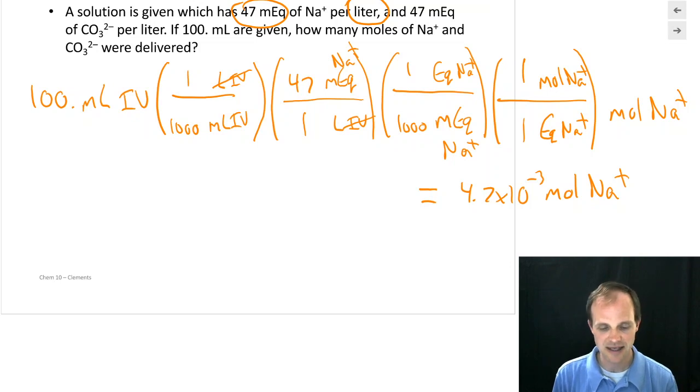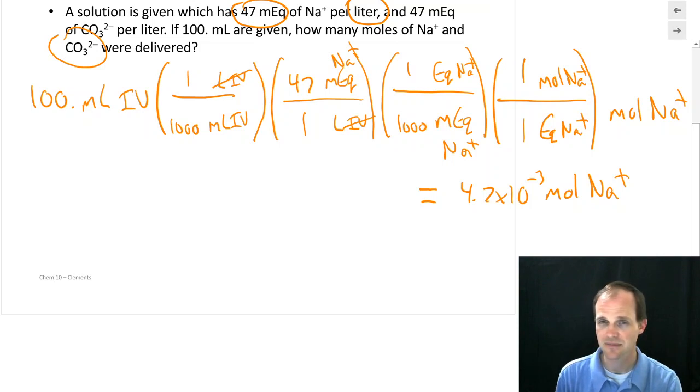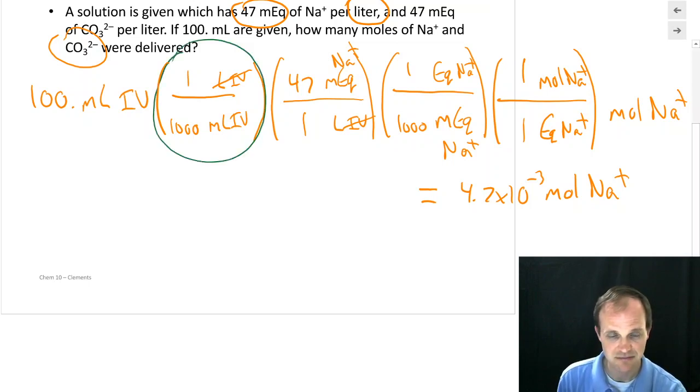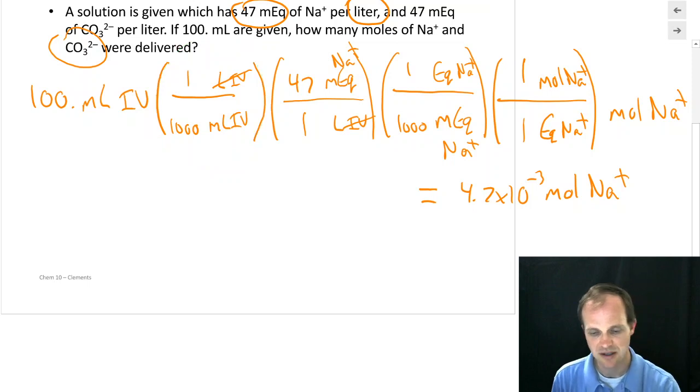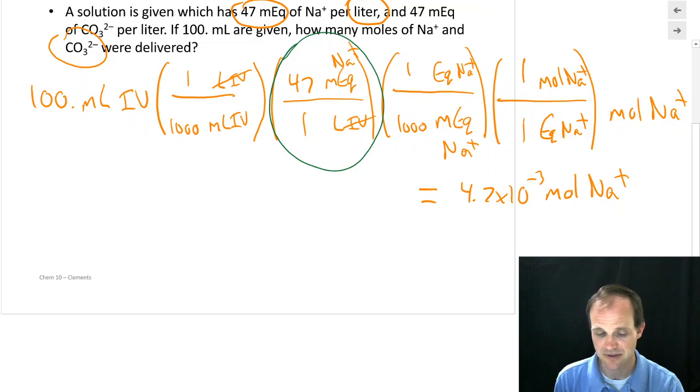How about the second part of the question, which is how many moles of carbonate were delivered? Well, is anything going to stay the same? What's going to be different? Let's look at each step of my equation here. Is this step going to be any different? No, because that has nothing to do with carbonate. Is this step going to be any different? Well, the letters are going to be different because I'm talking about carbonate.